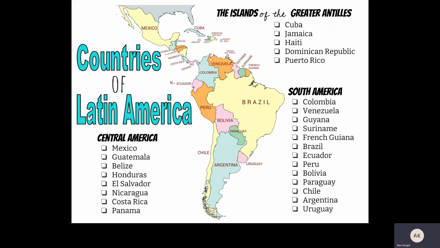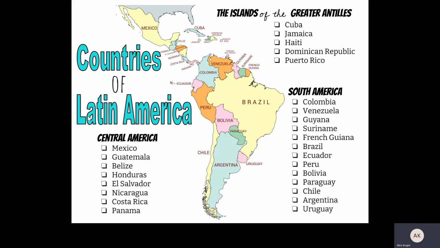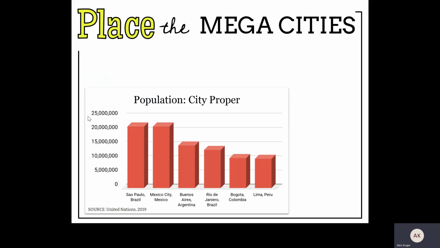So we went over the countries of Latin America. There's a whole bunch of them, a lot more than there are in North America. Well, I guess Mexico is considered North America too, and Cuba technically, but we talked about the mega cities: Sao Paulo, Brazil; Mexico City, the biggest ones.